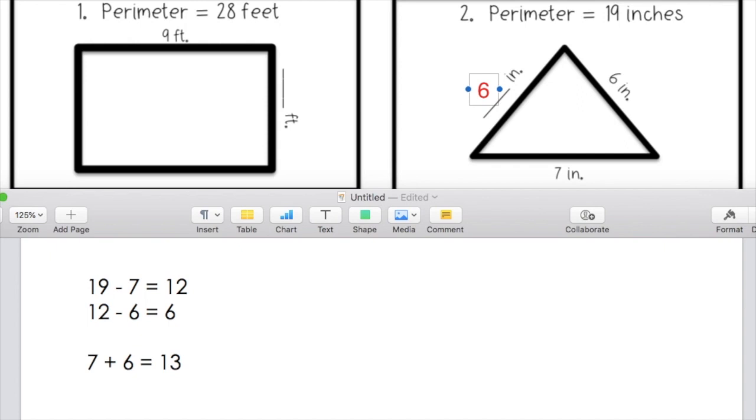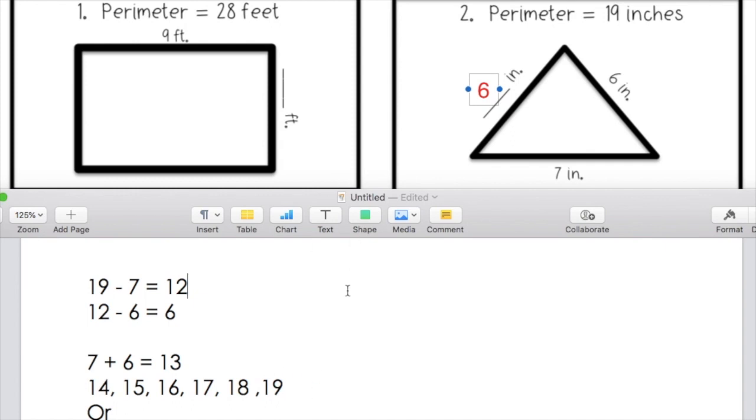So I can either count up to 19, so I'm at 13, I can go 14, 15, 16, 17, 18, 19, okay, that is 6. Or I can go 19 minus 13, which gives me 6.